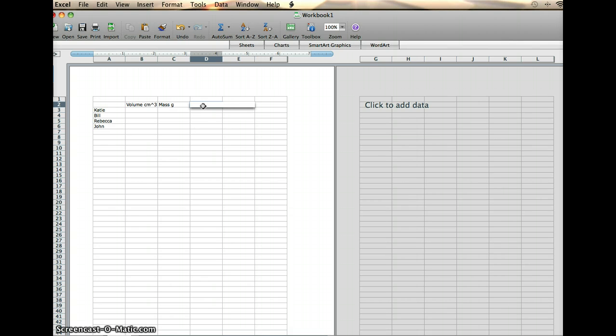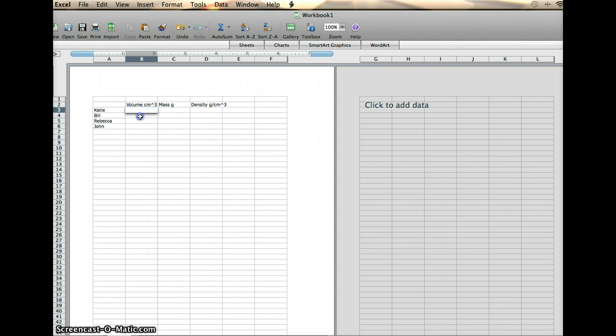Now we're going to look at our information that we gathered, and what we have is that Katie's suitcase was 20 centimeters cubed, and that was done by finding the length times the width times the height.